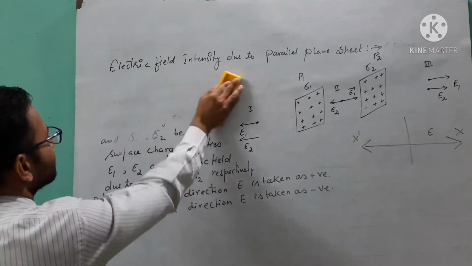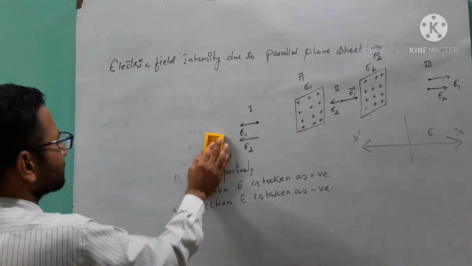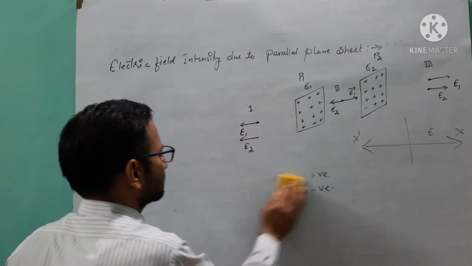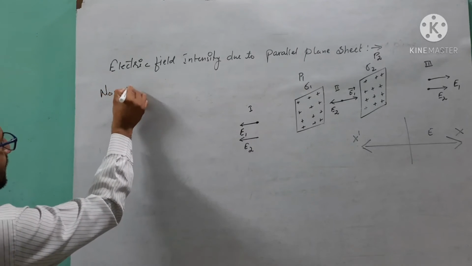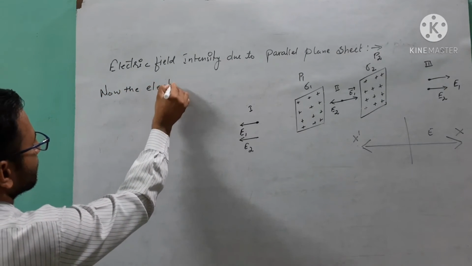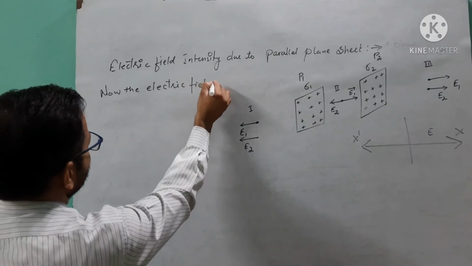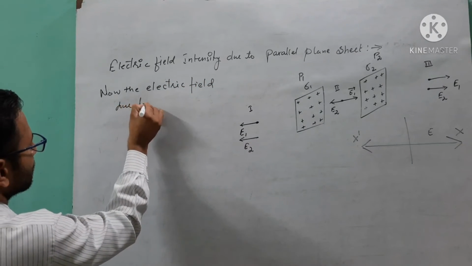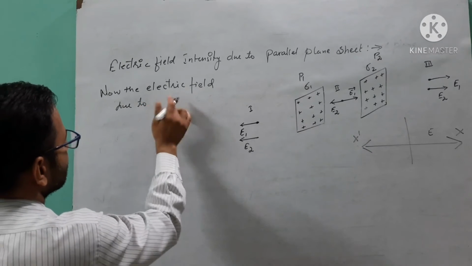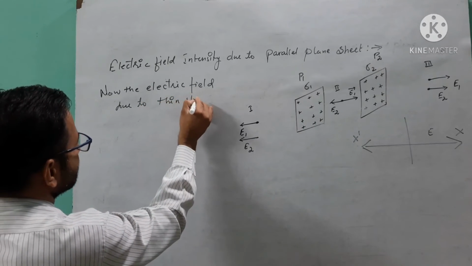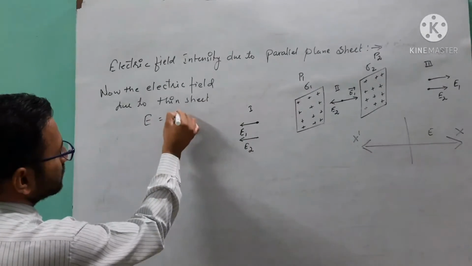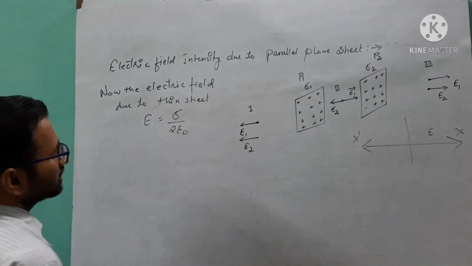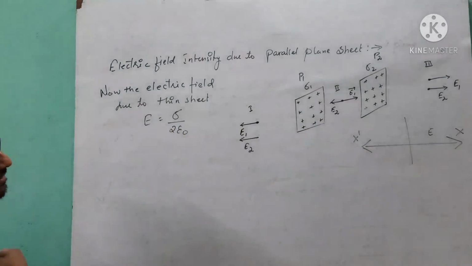Now we know the formula for the electric field due to a thin sheet. Students, what is the formula which we have done earlier? E is equal to sigma over 2 epsilon naught. Listen carefully, this is the formula which we use here in all conditions.